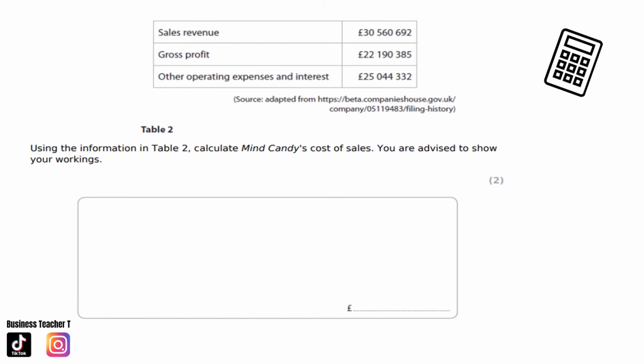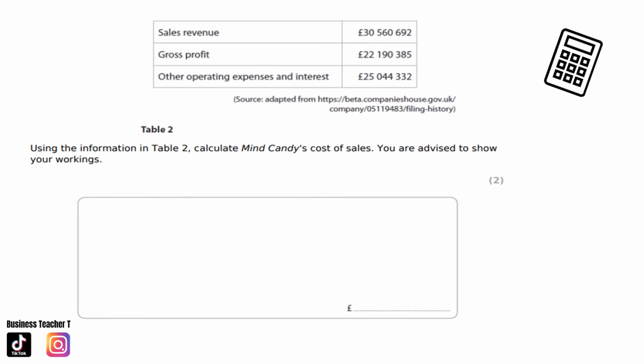Next question. Using the information in table 2, calculate Mind Candy's cost of sales. You are advised to show your workings. So the cost of sales are the direct costs of goods that have been sold, such as raw materials.